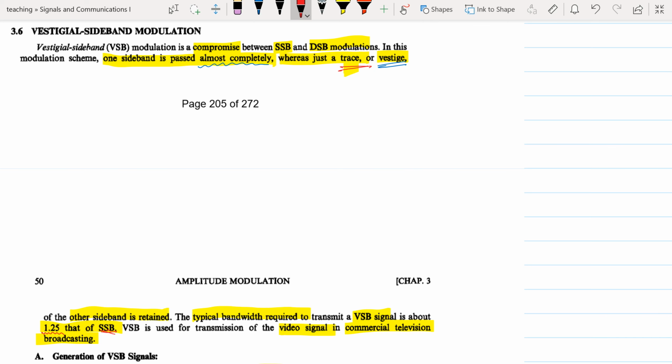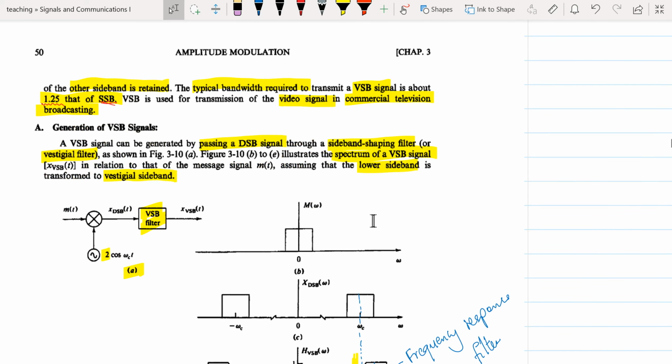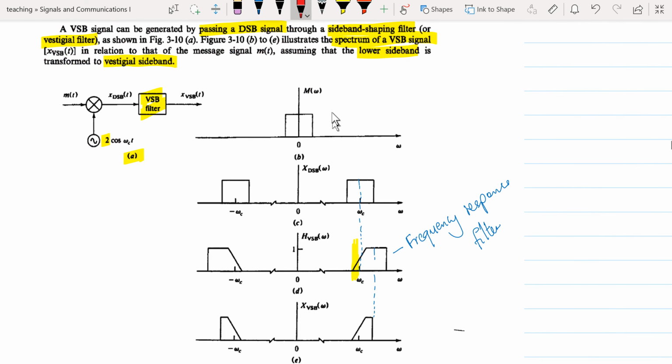So if we just look at the diagram that illustrates the single sideband, you have the spectrum of the message as illustrated here. Therefore, when it is modulated, the spectrum is shifted and it becomes centered at omega c, the omega c being the center frequency of the carrier.